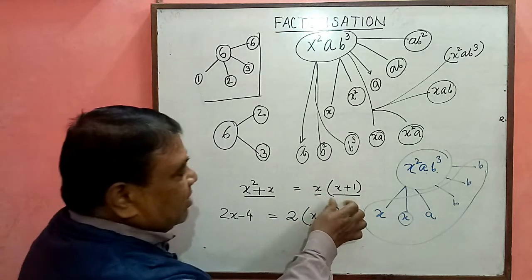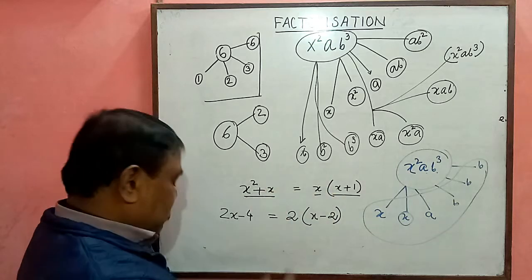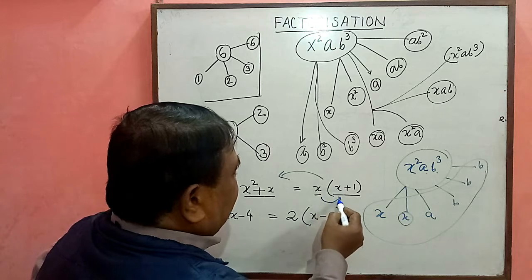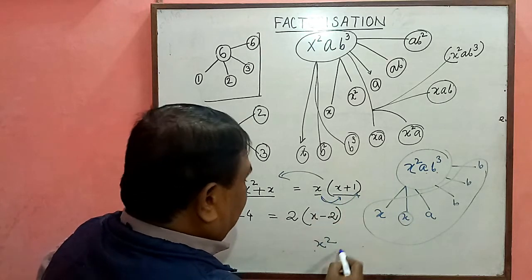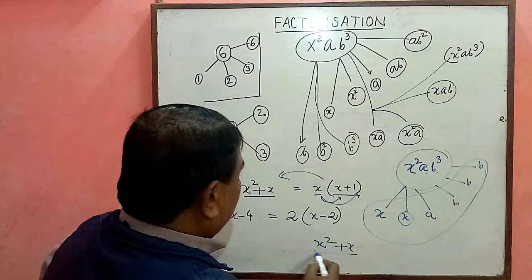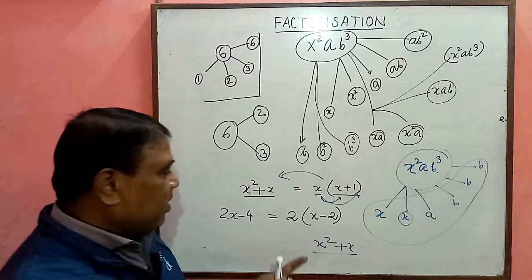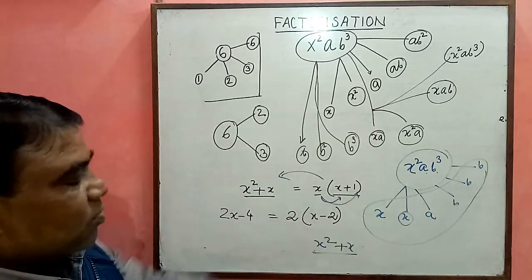If I take the product, we will again come back to this statement. If you multiply, it is x into x square, x into 1 plus x. So again, we are coming back. That is the reason x square plus x, the factors are x into x plus 1. This is factorization.